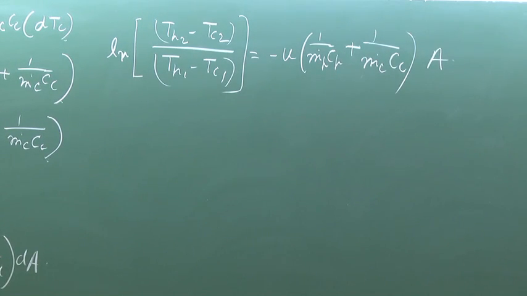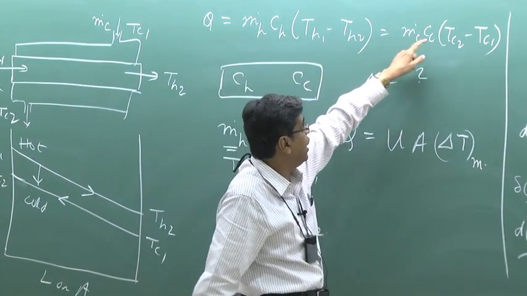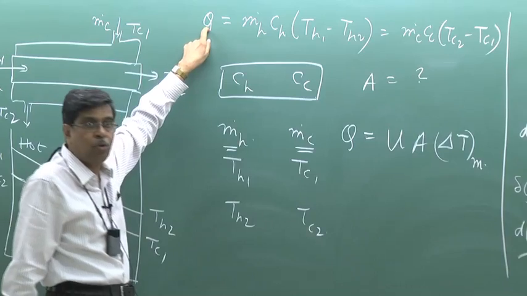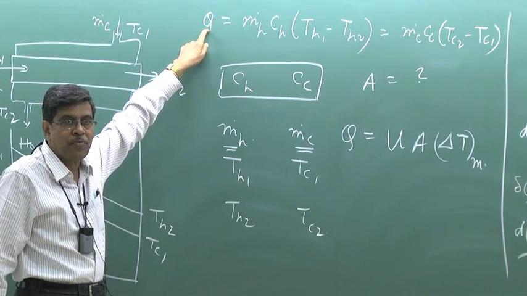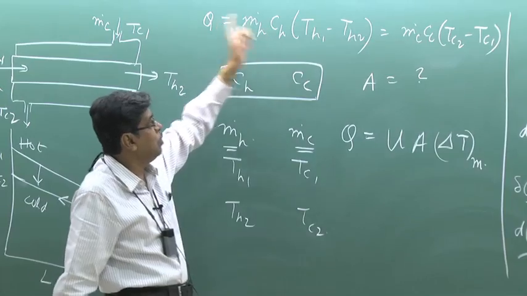Now I will substitute 1 by m dot H CH and 1 by m dot C CC from here. There are two equations. If you bring Q into the picture, Q is this and Q is this.